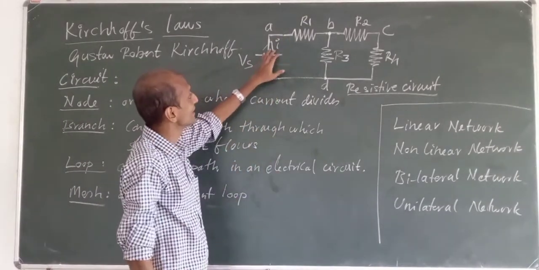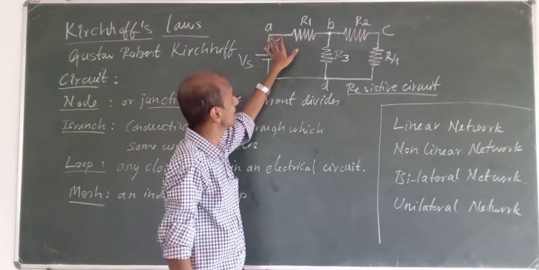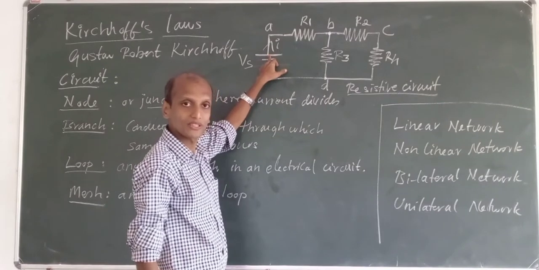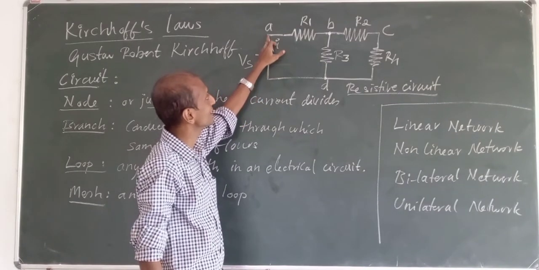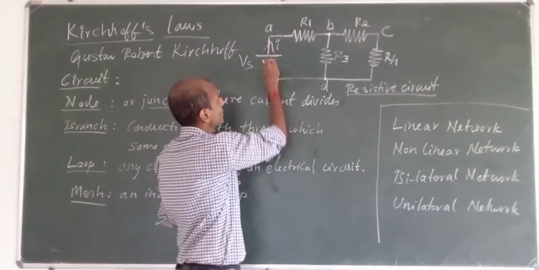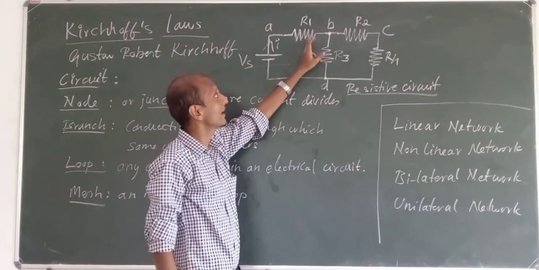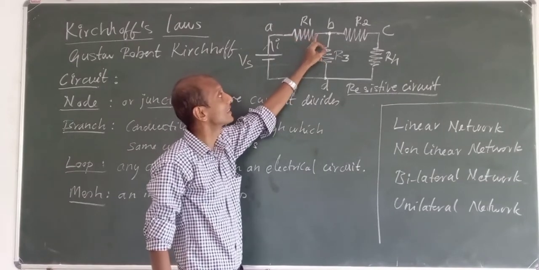The current starts to flow from here, it goes through resistance R1, and it comes here.